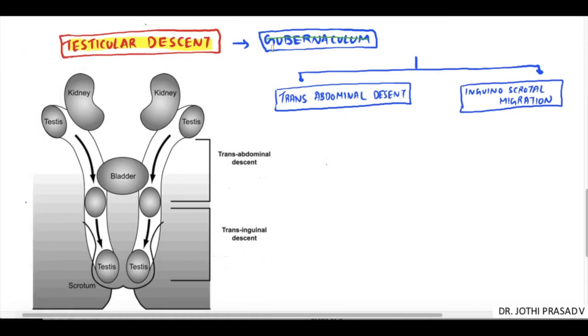Coming to testicular descent, it is basically due to the gubernaculum, which is nothing but a mucofibrous structure attaching the testis to the base of scrotum, and it helps in the descent of testis to the scrotum. It is basically divided into two phases, transabdominal and transinguinal migration.